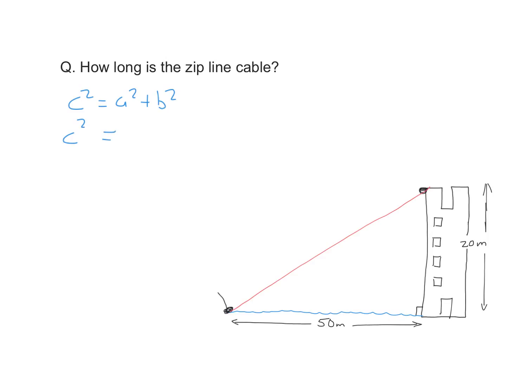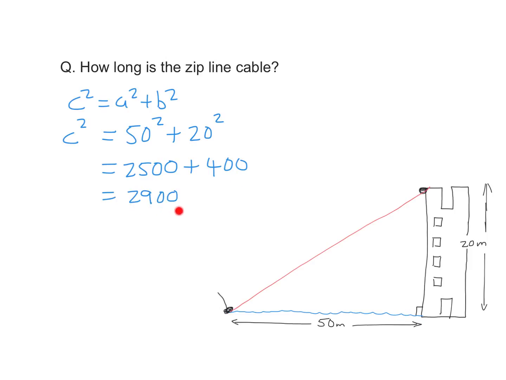We need to do a squared, which will be 50 squared, plus b squared, which is going to be 20 squared, and that will give us 2,500, add 400, giving us 2,900 meters, with the square root of 2,900 ending up to be 53.85 meters. So the length of the cable from the top of the castle all the way down to the land must be 53.85 meters.